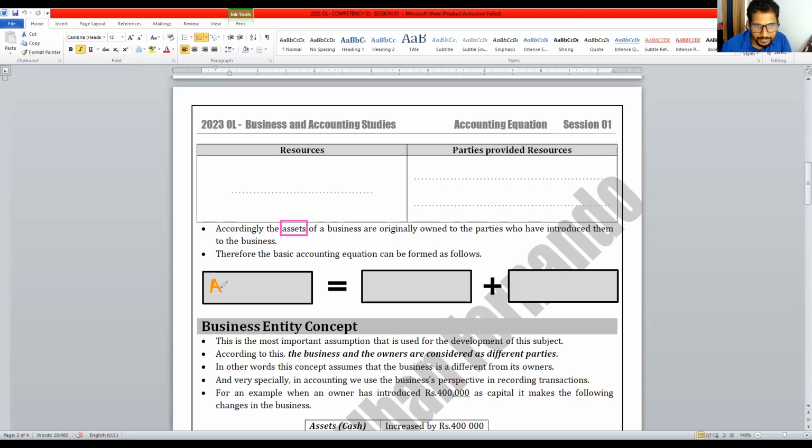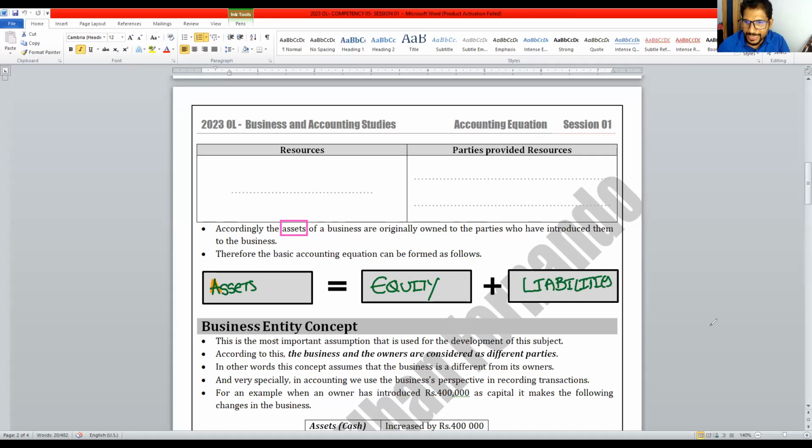Assets equals what? Equity plus what? Liabilities.